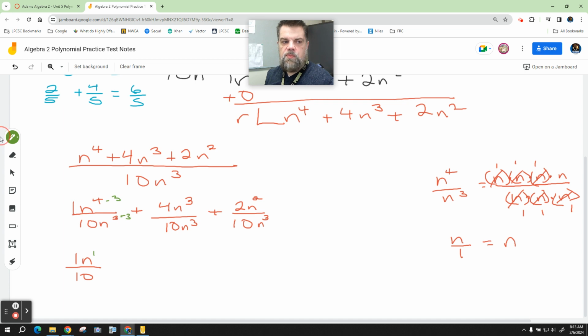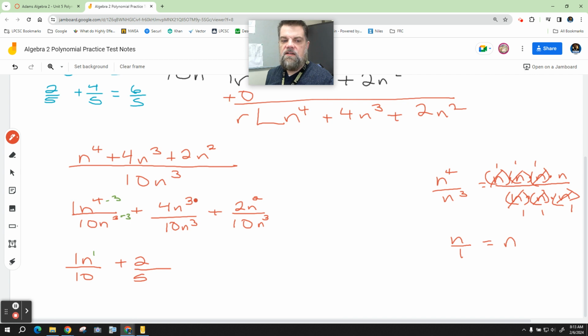Now, on the next problem, what is 4 over 10 reduced down to? Think of a number that divides evenly into 4 and also divides evenly into 10. Yeah, 2 does. What's 4 divided by 2? 2. What's 10 divided by 2? 5. So that reduces down to 2 over 5.